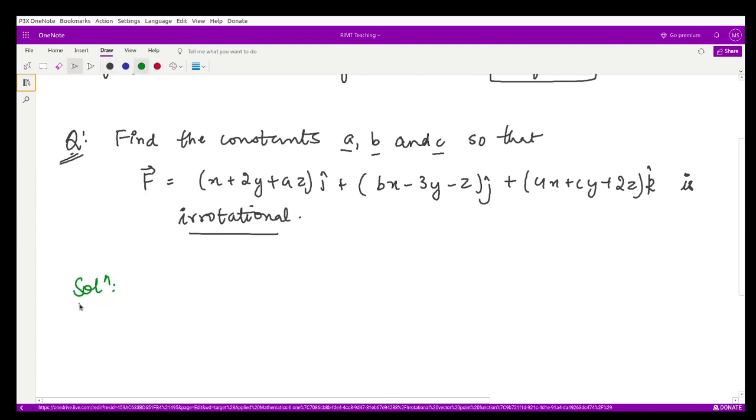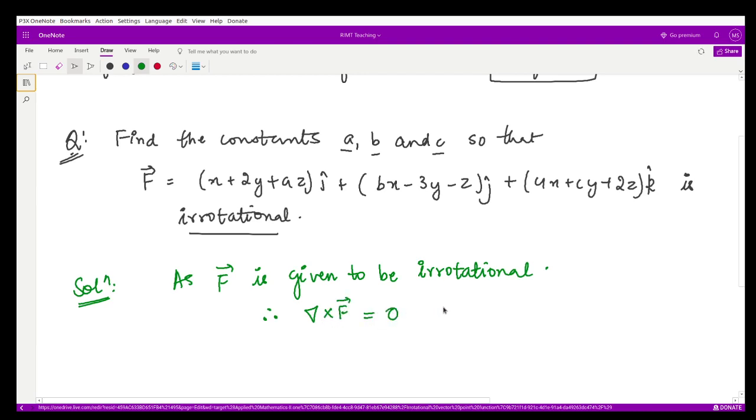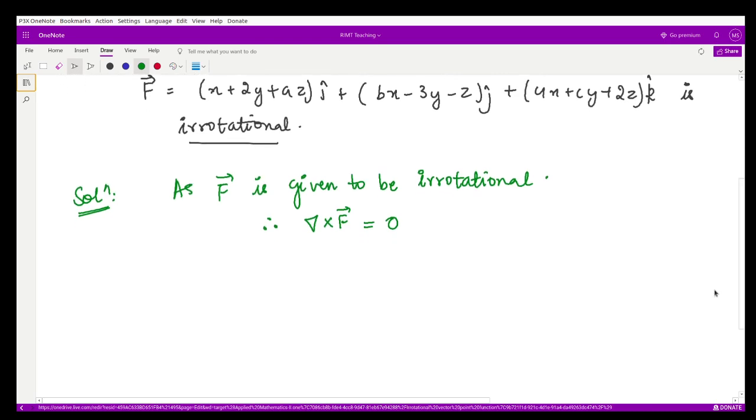So for the solution of this question, as the vector f is given to be irrotational, therefore its curl, del cross f vector, is equal to 0. So let's compute its curl.